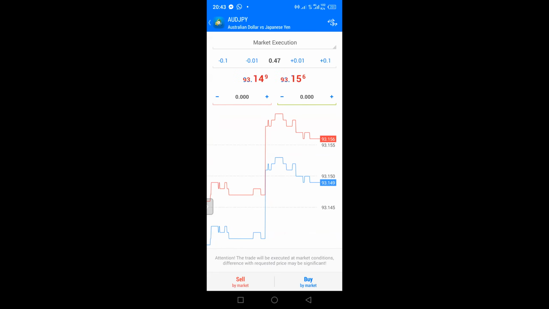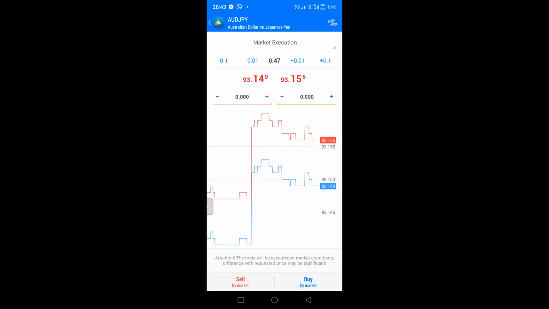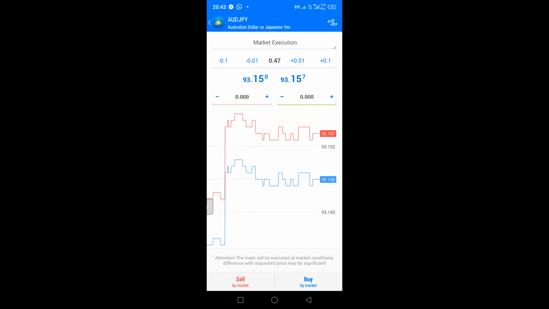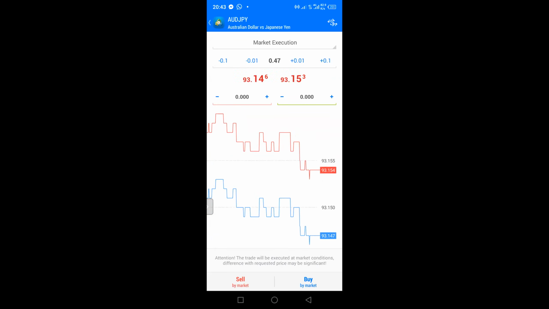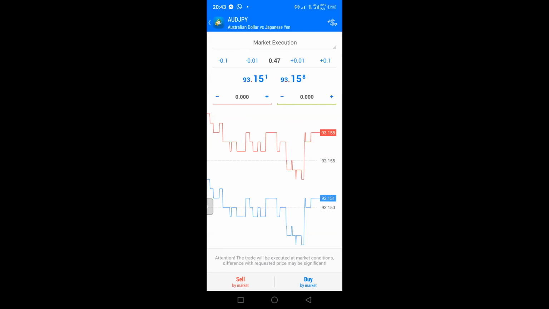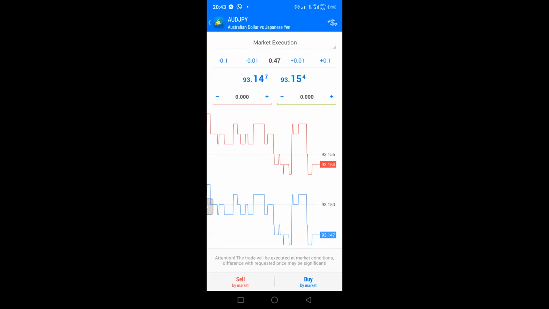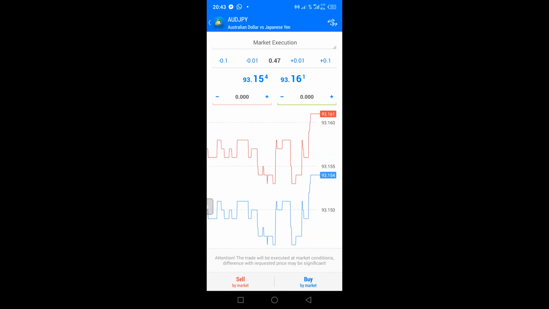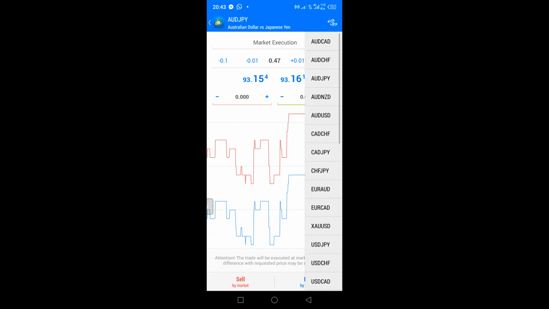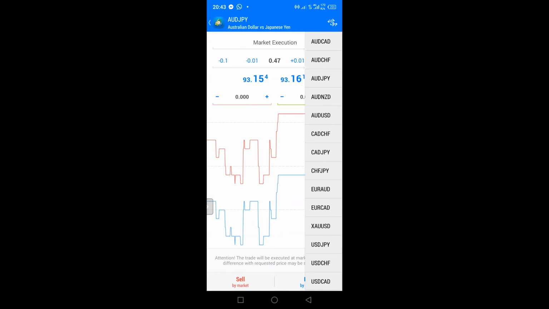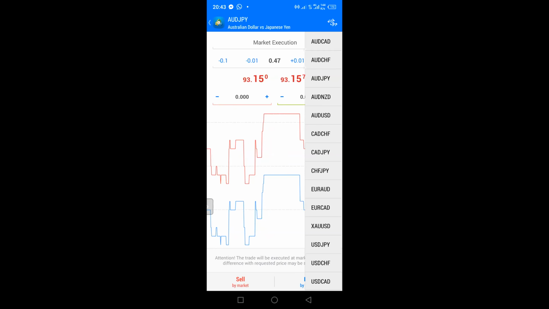Let's say I want to take a sell off of this particular pair now. Or before I even go into taking a sell, let me explain the features you can see right here. At the top hand side, you have AUD JPY, and of course, it even gave you the full meaning, Australian dollar versus Japanese yen. Again, you have your dollar sign, and that simply means at this point, you could change your currency pair.